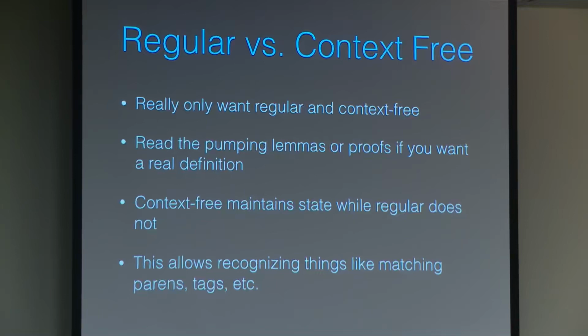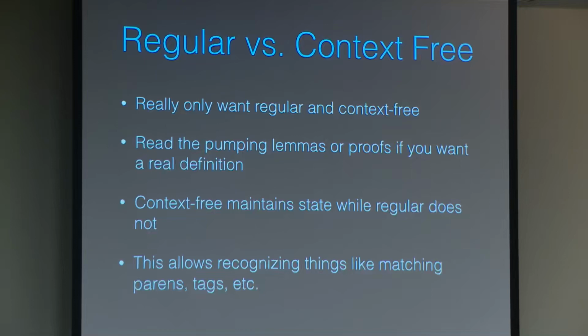You also can't, with regular languages, match things. What I mean by that is you can't match, say, an opening tag and a closing tag, or an open paren and a closing paren, other than doing maybe one level of it.